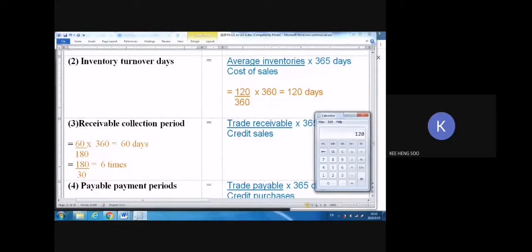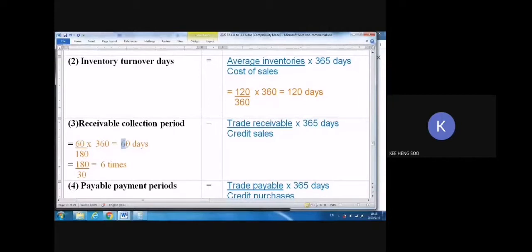Can you see? 120 days. So your receivable amount is more. That means you take a longer time, because your sales have no changes. You take 4 months to collect your 60. You got it? So this is called receivable collection period.